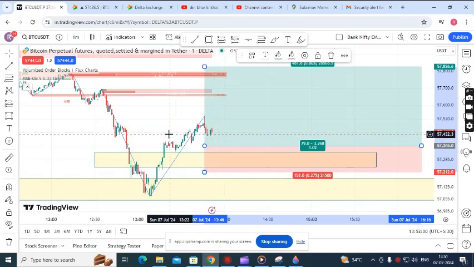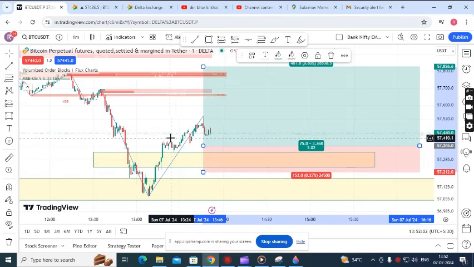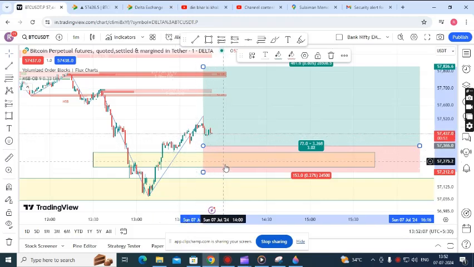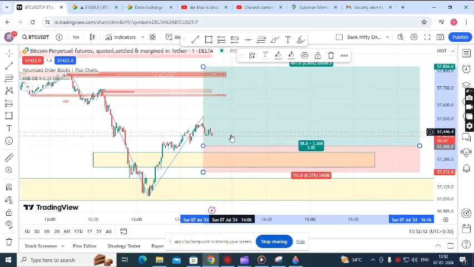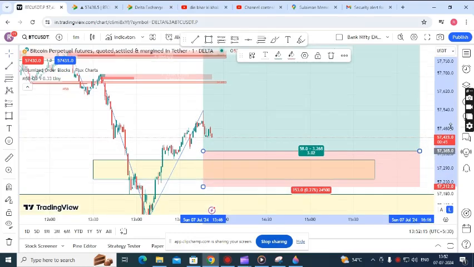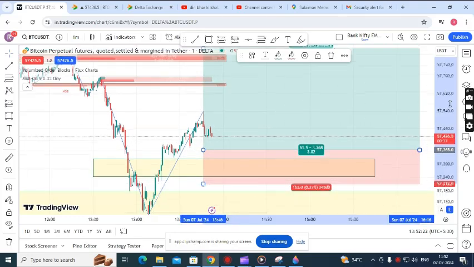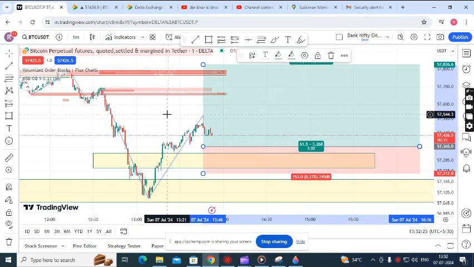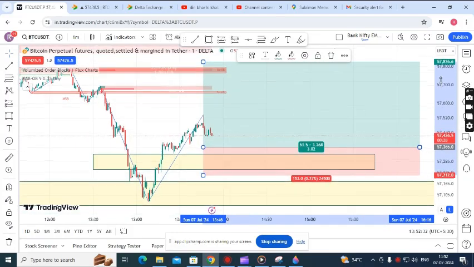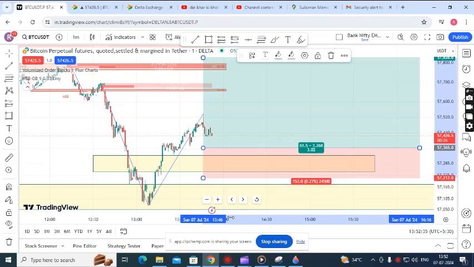There may be some small fair value gap here. But I believe it should come here and then it will be a good entry. We cannot just enter here as it is moving, right? You can see if you would have entered here, it would be a very big stop loss. If you try to minimize the stop loss or enter at the exact position, your losses will be less and you will be able to compensate at more trades.